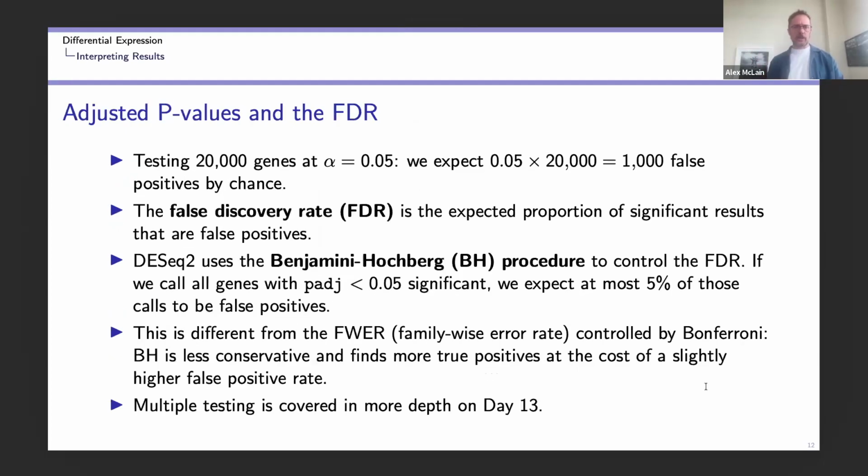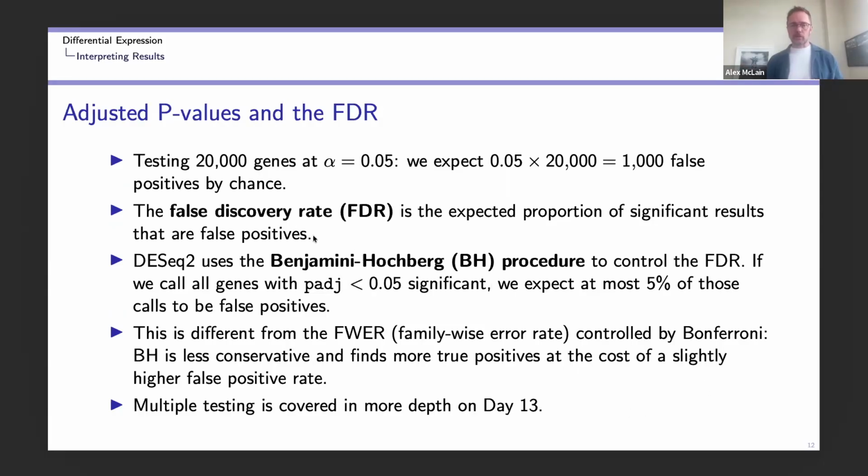Those adjusted p-values, just a quick slide on those. We'll talk about these more in depth in day 13. But the main idea here is that if we cut off the p-values at 0.05, we would expect a whole bunch of false positives. So the alpha of 0.05 is not really going to be that meaningful.